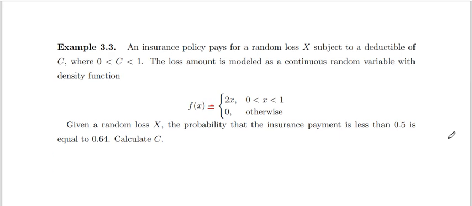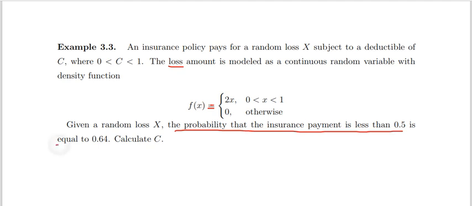Okay, so now suppose this loss x follows this density function. So we want to find, given a loss x, the probability that the insurance payment is less than 0.5.